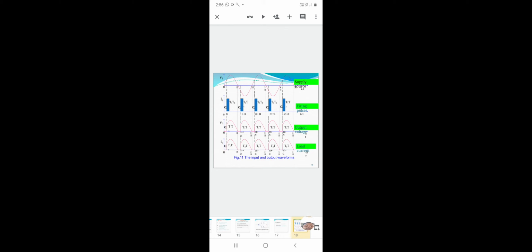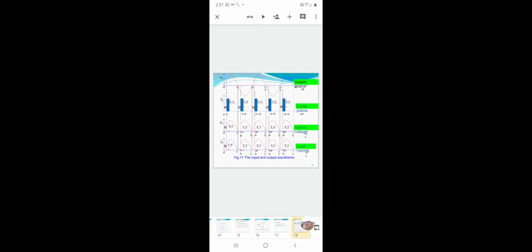Suppose firing pulses are given at a firing angle of alpha. If firing pulses are applied to the T1 and T2 thyristors through the gate terminal by using an external firing circuit, at the time alpha, then thyristors T1 and T2 start conducting with a delay angle of alpha.